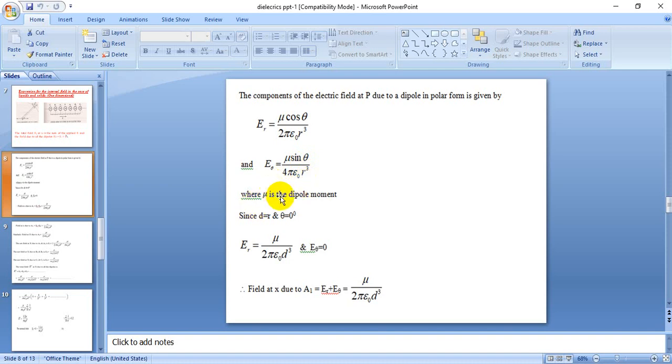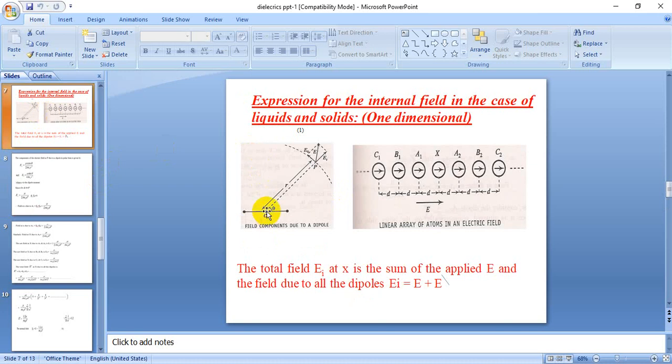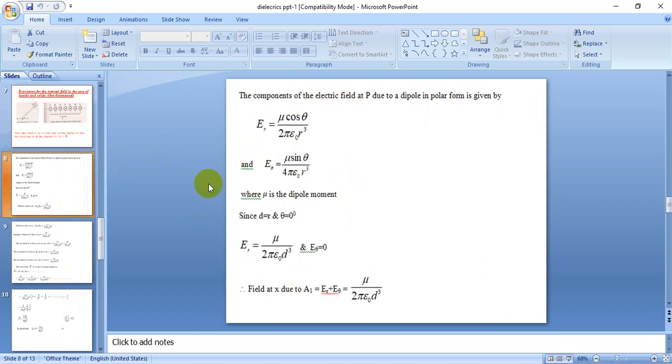Mu, we know, is the dipole moment. Now if you go to this picture, the distance from the point to the center O is written as r. So in this equation instead of r I'm going to replace it with the distance d, because the given distance is d.